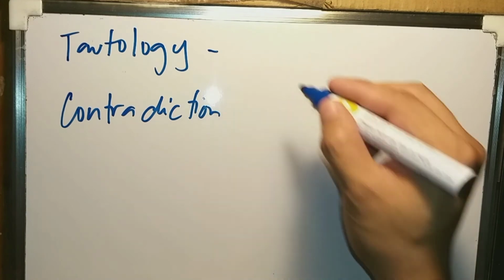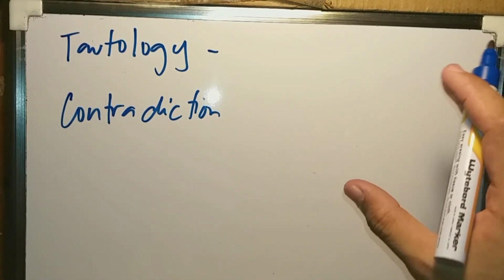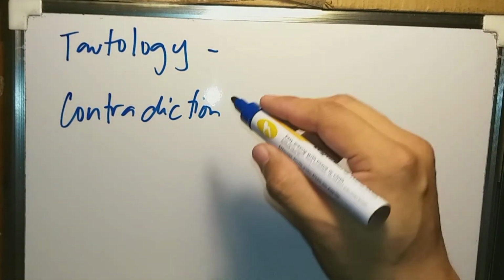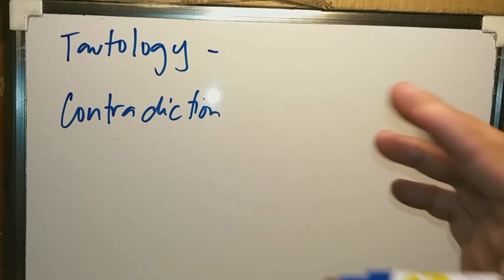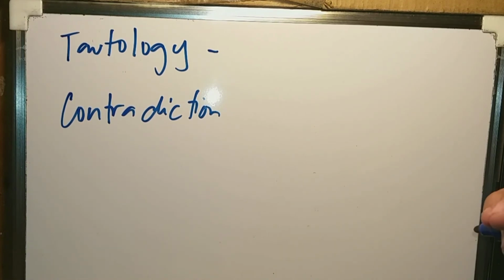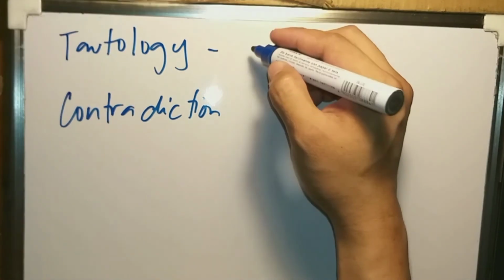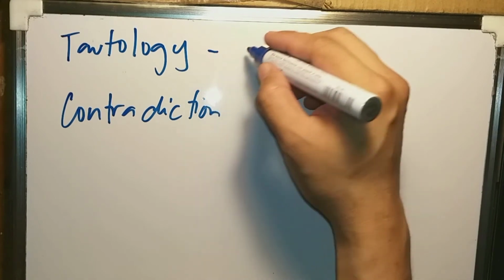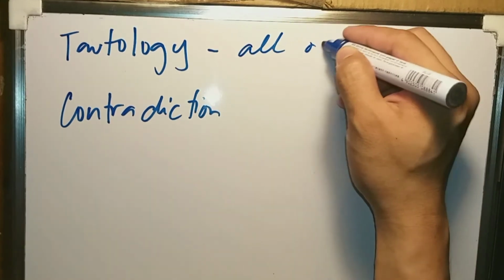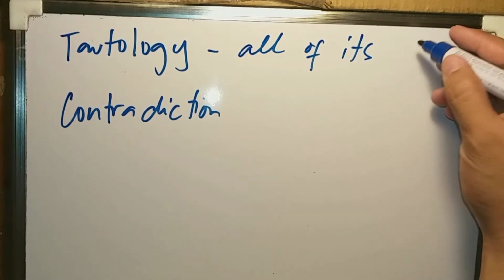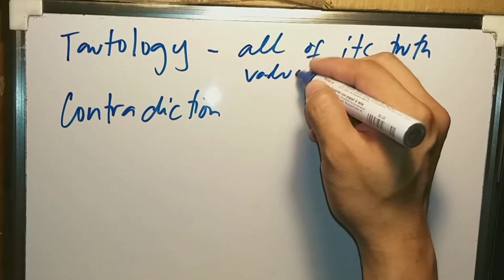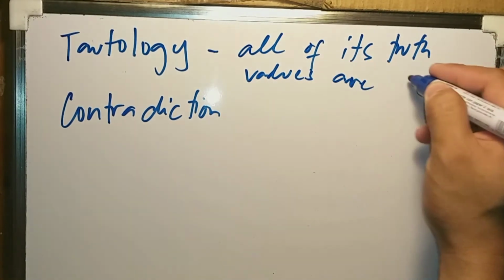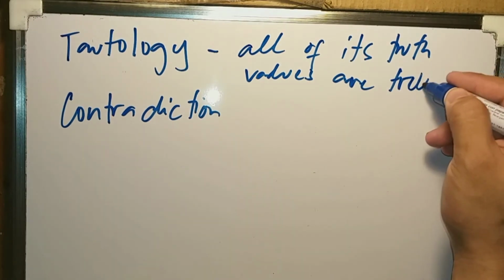We call a proposition a tautology if all of its truth values are true.